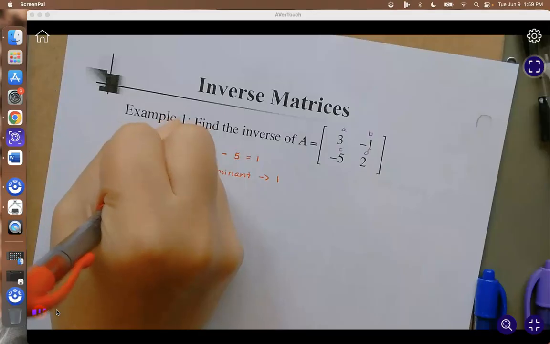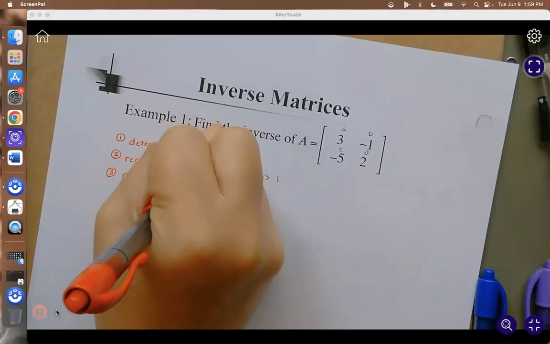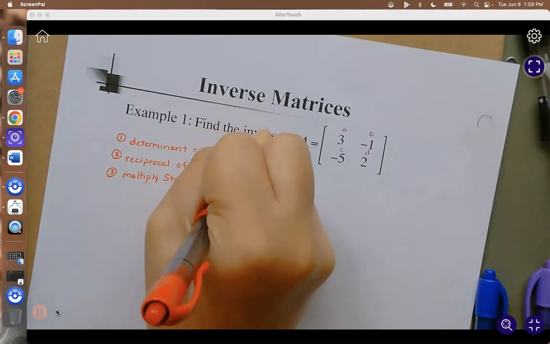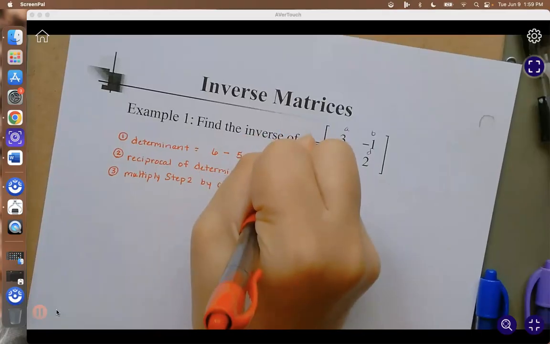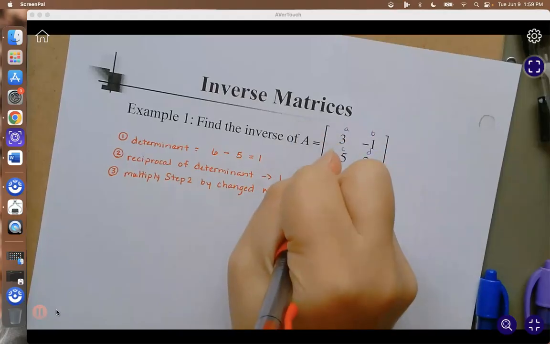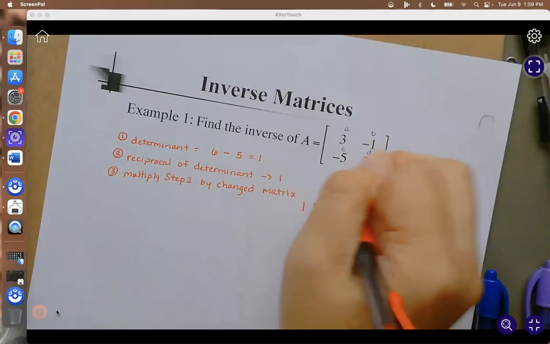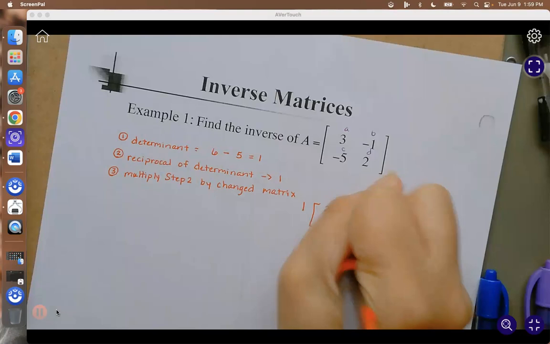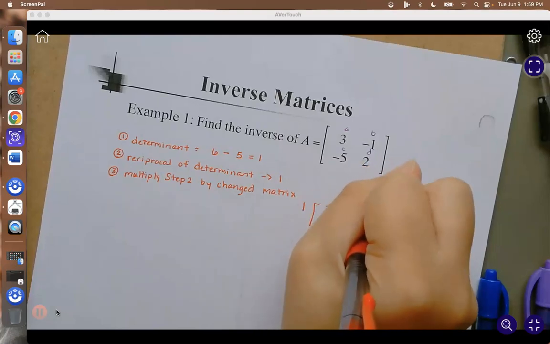Multiply step 2 by change matrix. Okay, so I'm going to put 1 times, remember we switched the main diagonal, and then change the signs of the other 2.